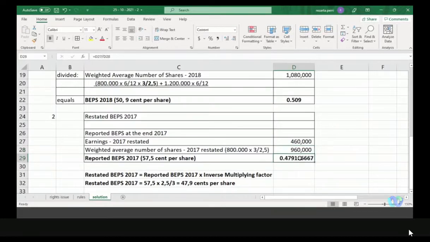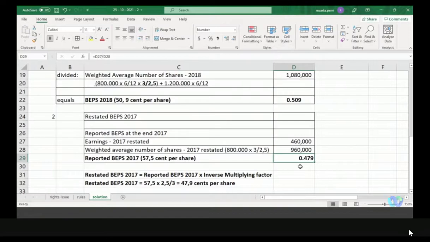So let's have it calculated in a different way. The restated number of shares, if I apply the multiplying factor directly to the number of shares of the previous year to restate them, it would be 960,000 restated shares. And if I calculate directly the amount of the basic earning per share of 2017, I would have, as you see, 47.9.